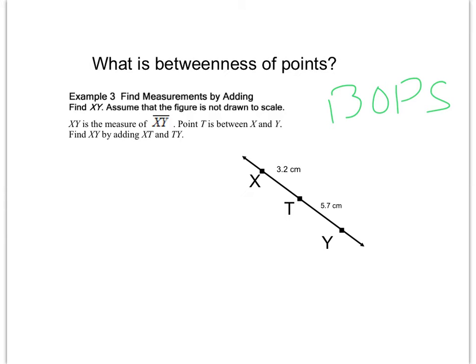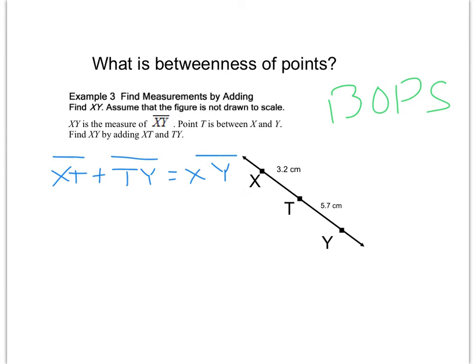And if these 3 points are all on the same line, same segment, then what we can say is that XT, the segment XT, plus segment TY, is equal to the total length XY. And this works only if they are all on the same line.